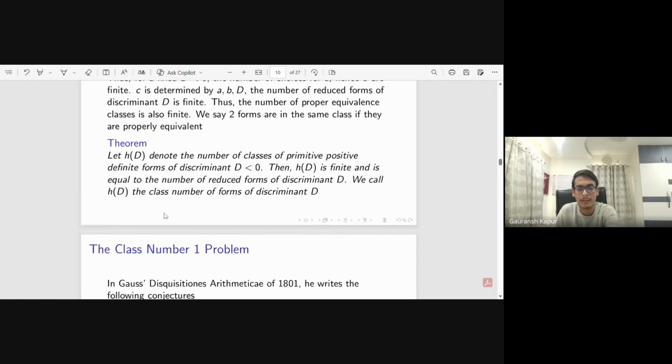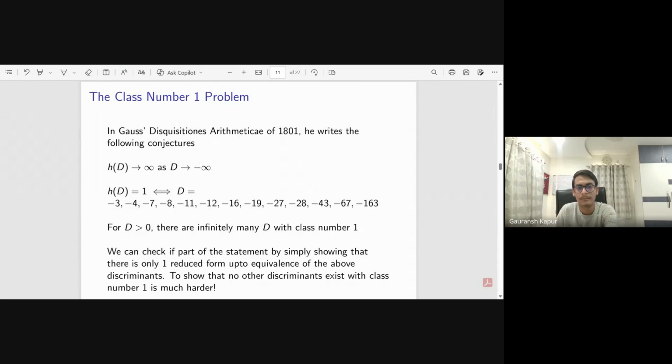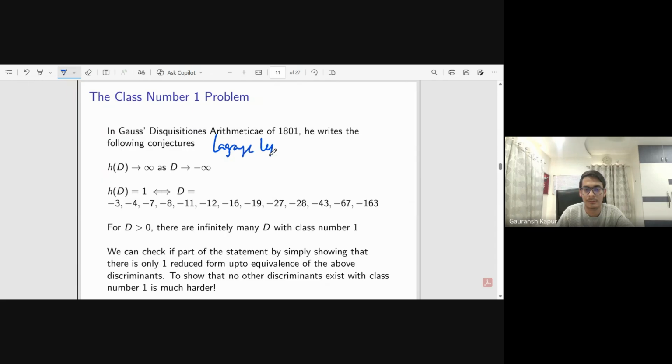And now we come to the problem which Gauss stated in his book Disquisitiones Arithmeticae. This was the book where Gauss collected works of his predecessors like Lagrange, Legendre, and Euler. He collected whatever they did and he added some of his own. You must have heard that when Gauss was a teenager, he conjectured the prime number theorem, that the number of primes less than or equal to x is asymptotic to x/log x.